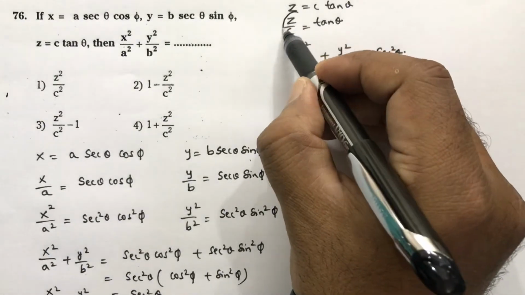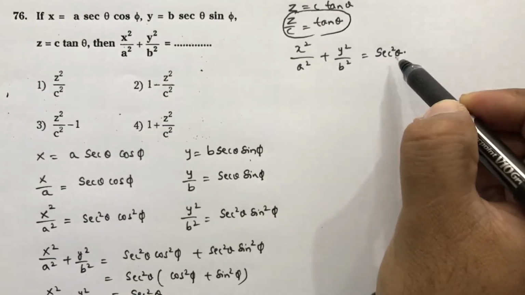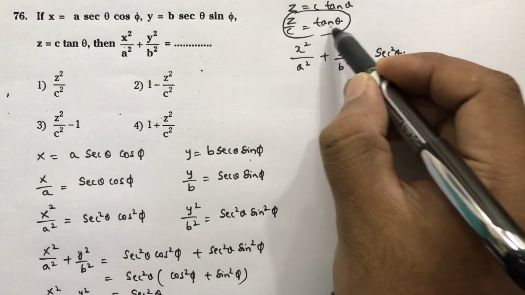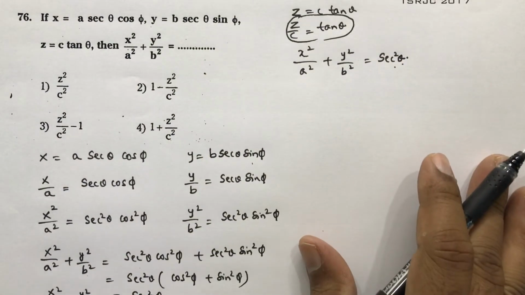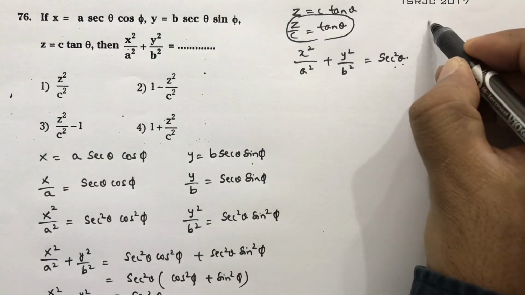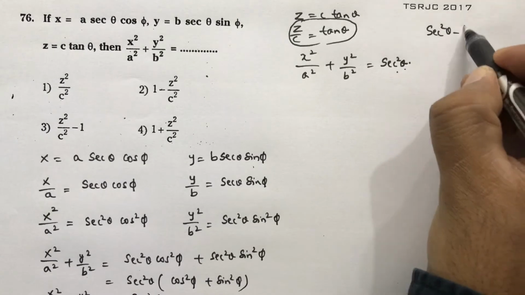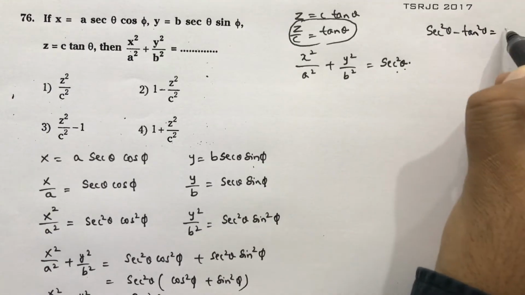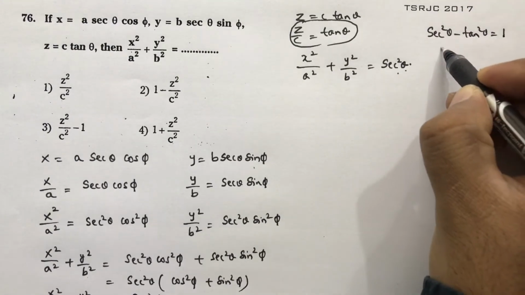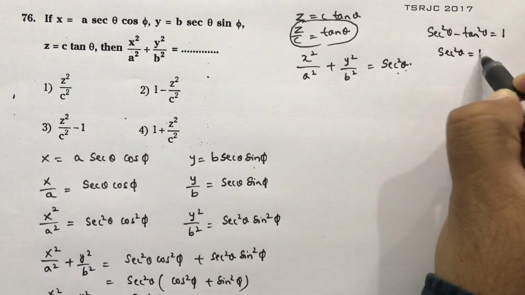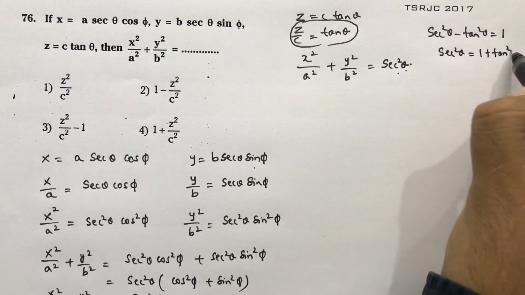The answer is not secant square theta, so I want to change secant square theta in terms of tan. See, secant square theta minus tan square theta equals 1. So what is secant square theta from here? Secant square theta is 1 plus tan square theta.